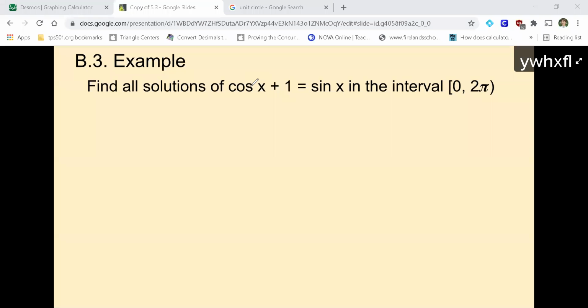And the only relationships we have between sine and cosine are the cofunction identities and the Pythagorean identity.